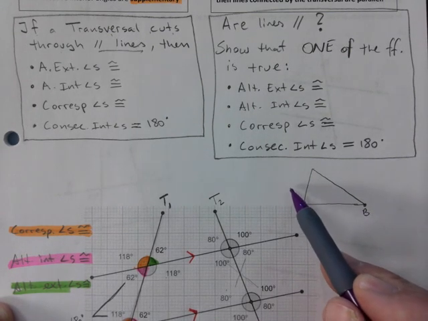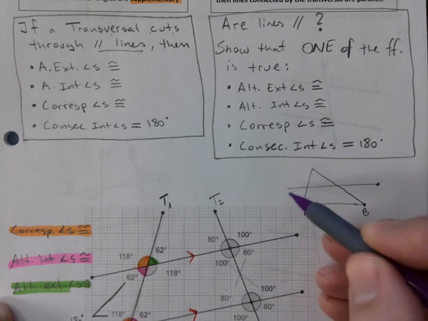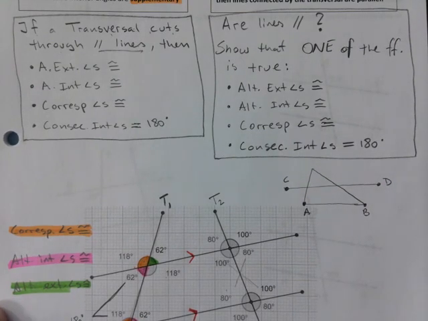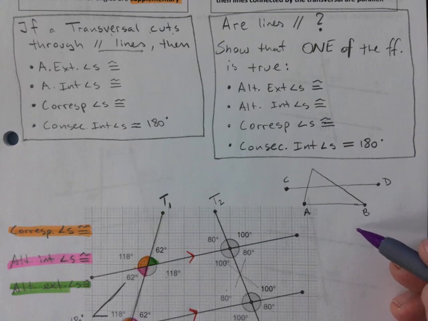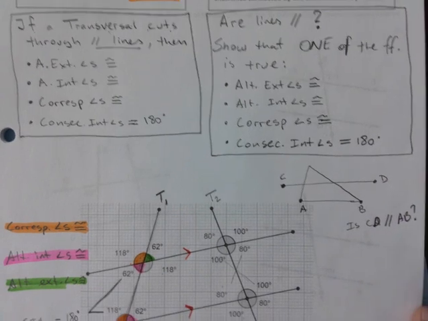And then they're going to throw another line in there. And let's say that this segment is called CD. And you'll be like, triangle, line, whoa, right? What's going on here? And they'll ask you, is CD parallel to AB? Question mark.